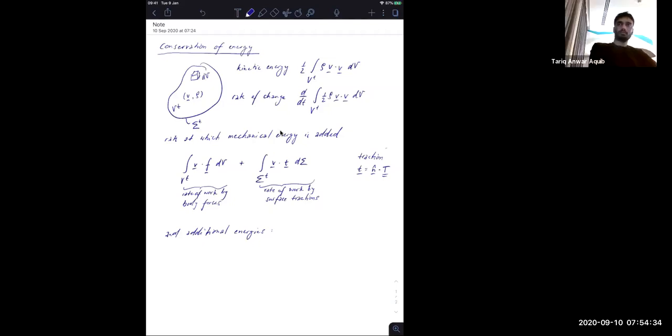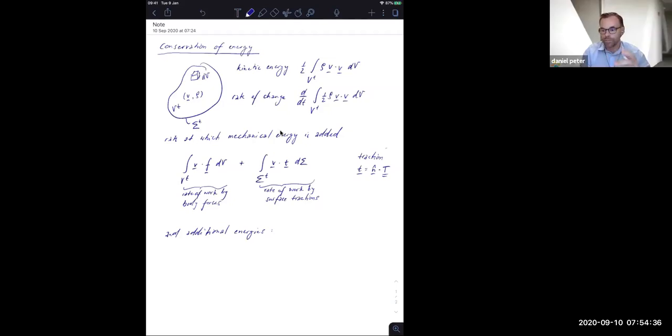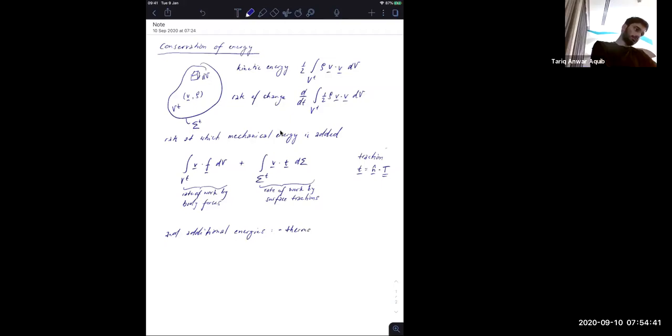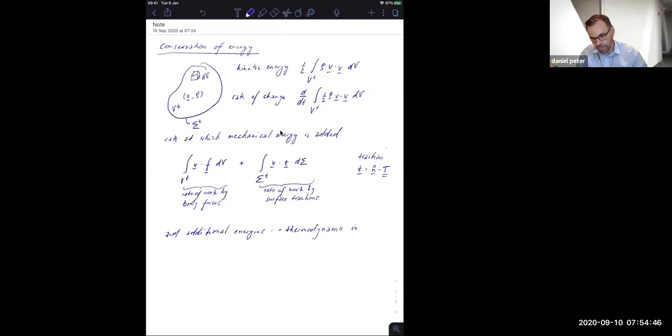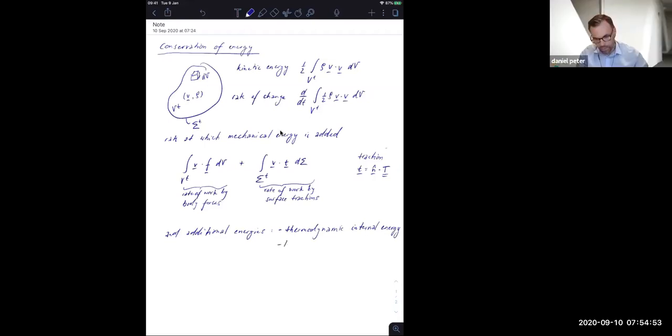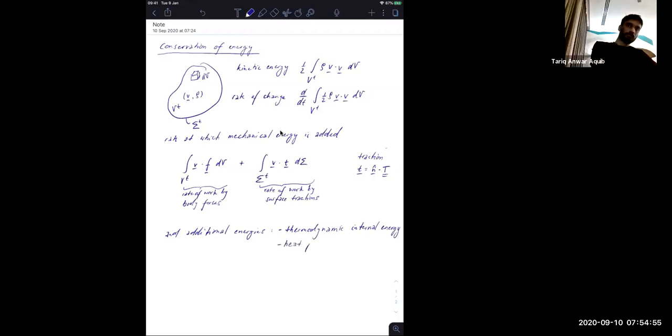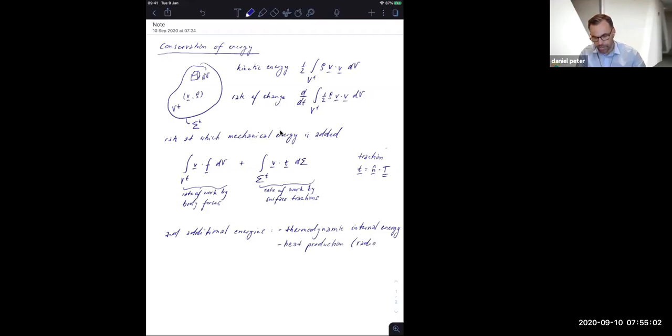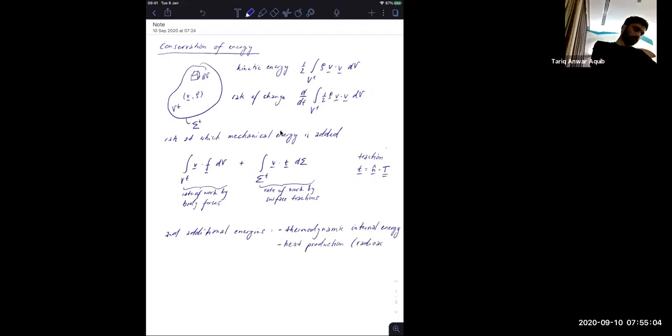This is like the potential energy equivalent. So we have the thermodynamic internal energy, and the heat production, which in the Earth is due to radioactivity, the radioactive heat production.